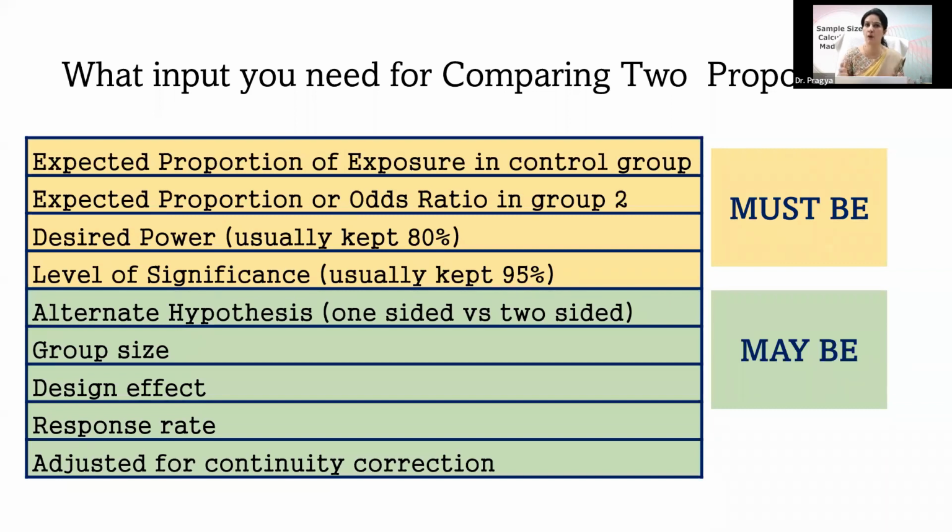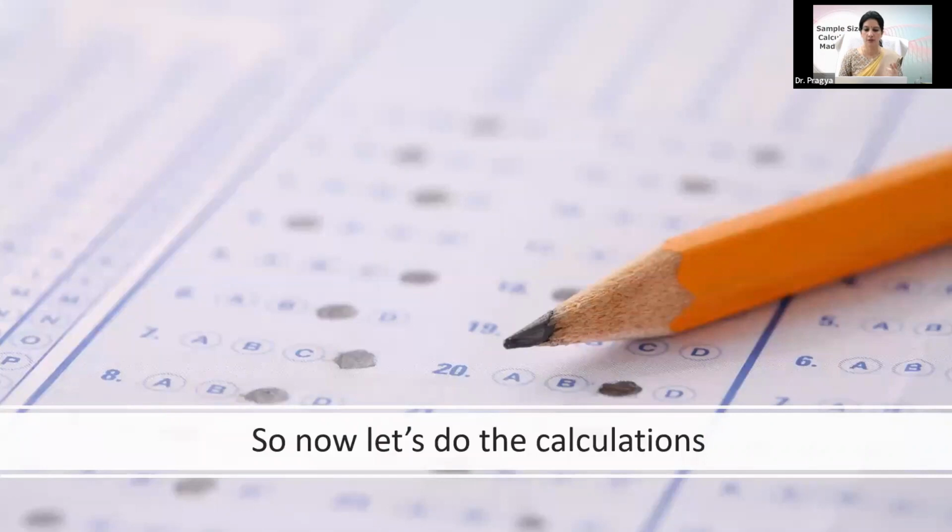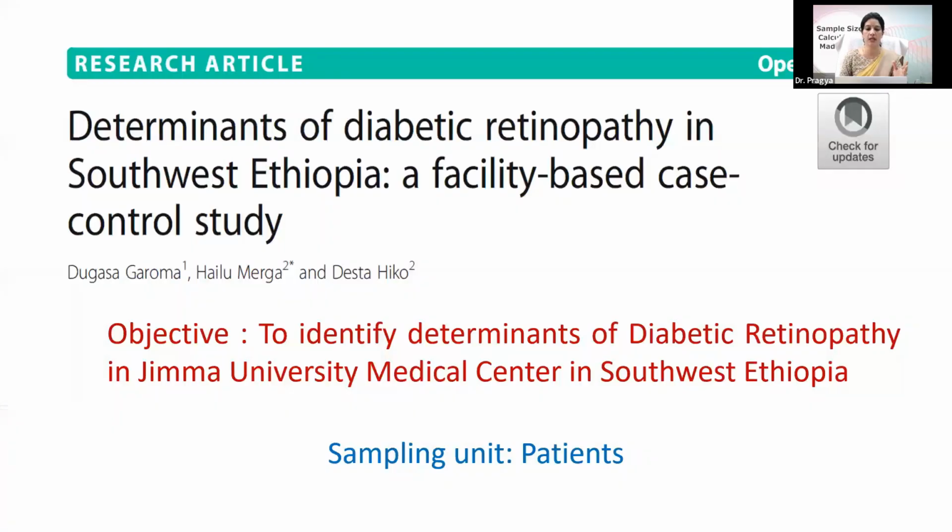All these are optional, but the first 4 things, like the desired power, the significance level, and the 2 proportions or the odds ratio, are needed. You can have 2 proportions, we will see in the formula, or you can have 1 proportion and the second, odds ratio. So now let's do this calculation.